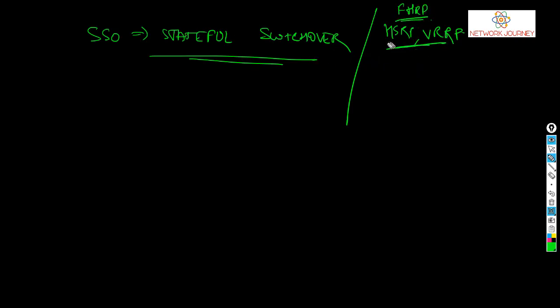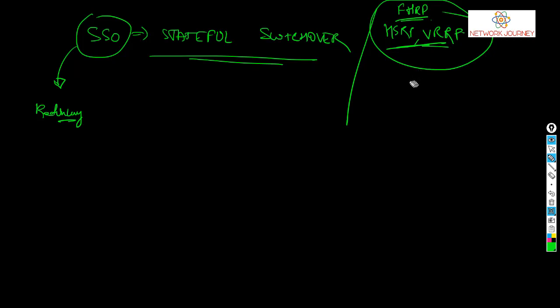Since it was added with these protocols, it would provide us some kind of redundancy, right? Where it provides redundancy is something we are going to discuss. We know that these protocols are in terms of device failures, right?